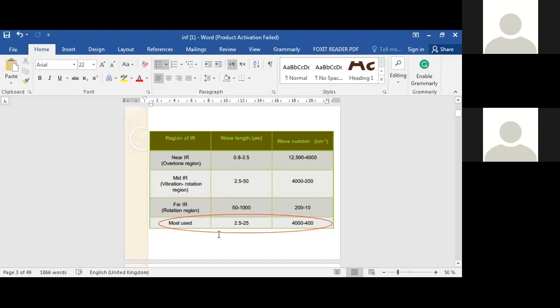The most important one, which is from 2.5 to 25 micrometer, is nearly the mid-IR region. It's from 400 to 4,000 centimeter -1. So we'll deal with wave number in IR spectrophotometer.